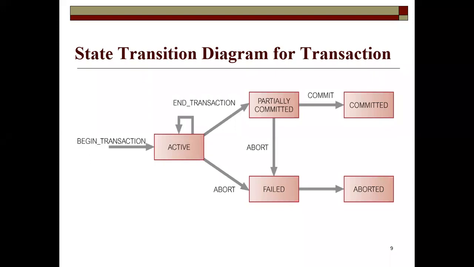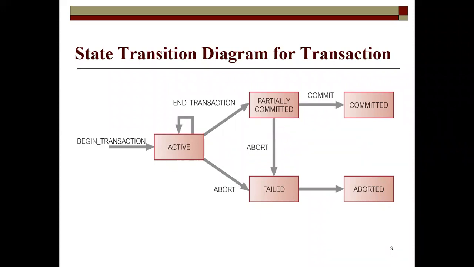And so we are saying the partially committed state is like that Word document where you have written all your coursework, but just before you click save. Commit, that arrow between partially committed and committed, is equivalent to your save button. It transfers your data from RAM and makes it permanent in your hard disk or wherever you are storing your data.